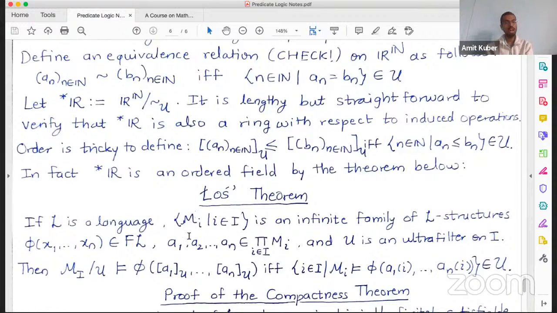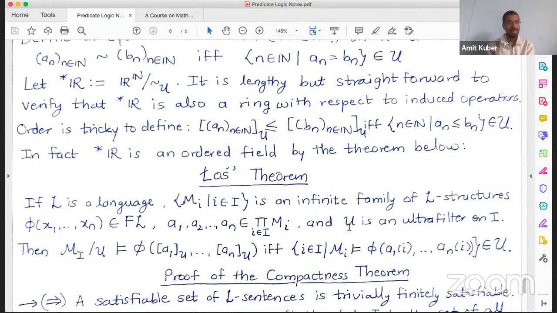Now, in particular, when all the M_i's are isomorphic to R, you can see that any large subset is non-empty. So you can show with very little effort that phi is true in M_i if and only if phi is true in R. And that is why every first-order sentence which is true in R is also true in its ultrapower, which means in the hyperreals.